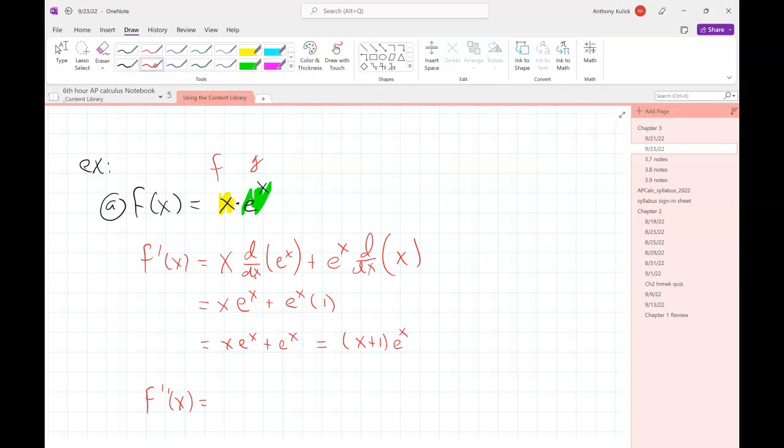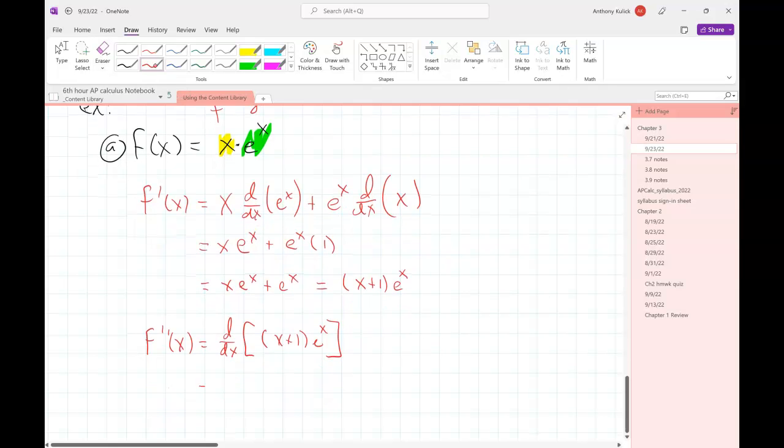The first one has the x e to the x in it. But I think the product rule would probably be easier on the second, right? Yeah, I think it kind of is. So let's do that. We tried it the other way first with fifth period, and I didn't like what happened. So we'll do it this way this time.